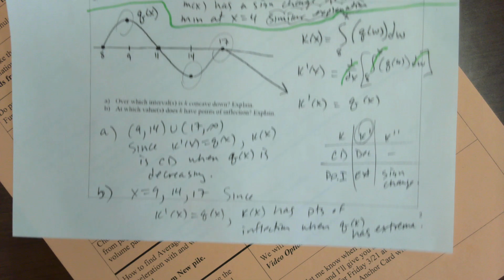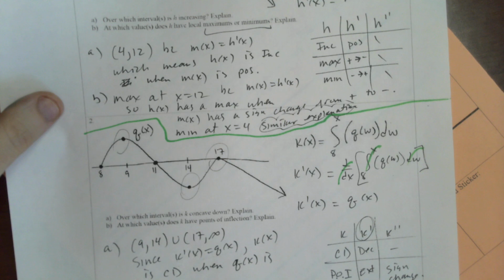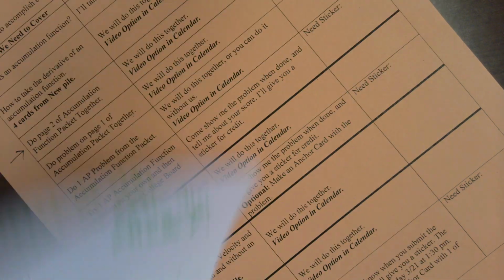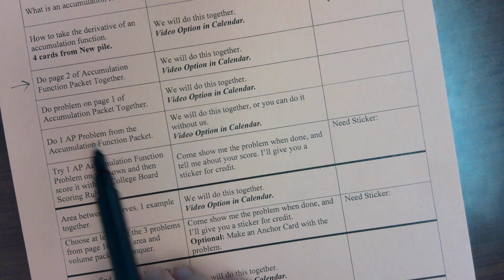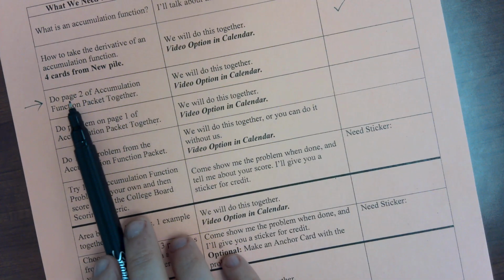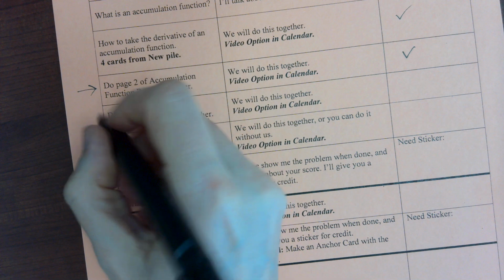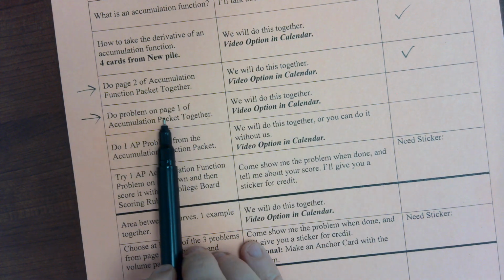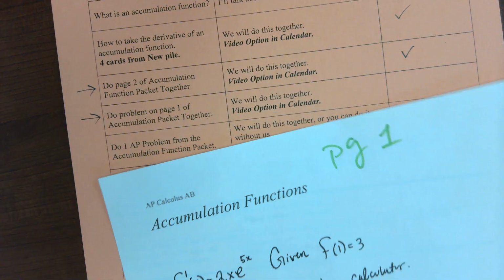Technically local extrema, but you could just say extrema. It's implied. Okay, so there is that. And okay, so moving on. All right, so we just did that. Okay, so moving on to this, we're going to do the problem on page 1 of the accumulation function packet together. Okay, so that is this one.